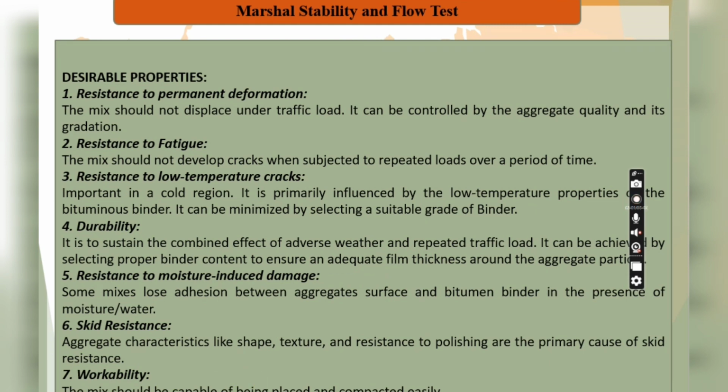Workability means the mix should be capable of being placed and compacted easily. There are some other points, but you just need to read them in the slides. If I explain them all, the video will become too long.